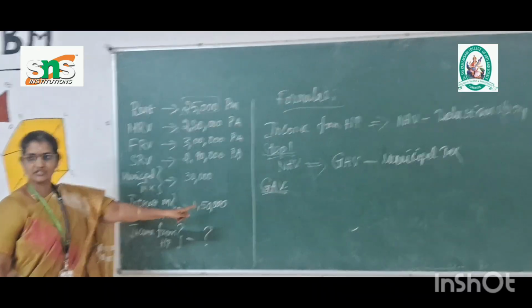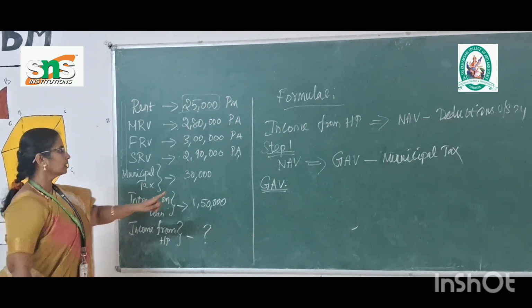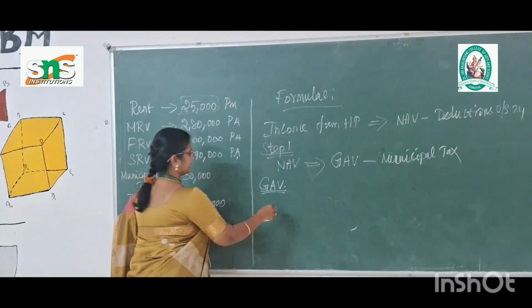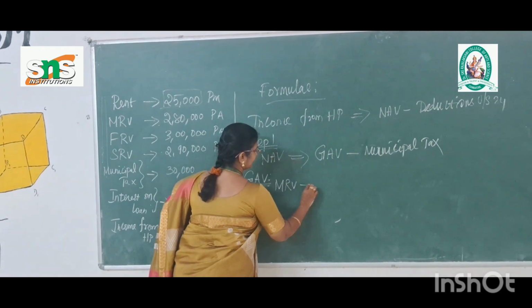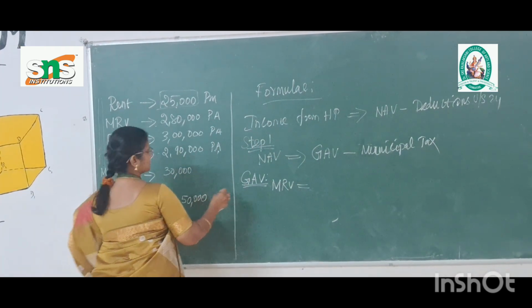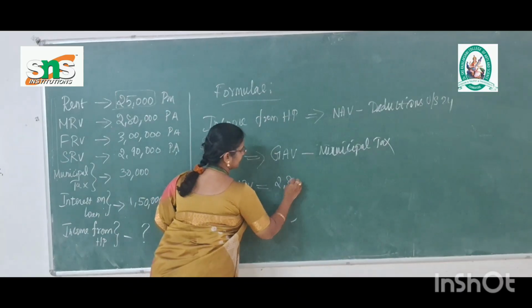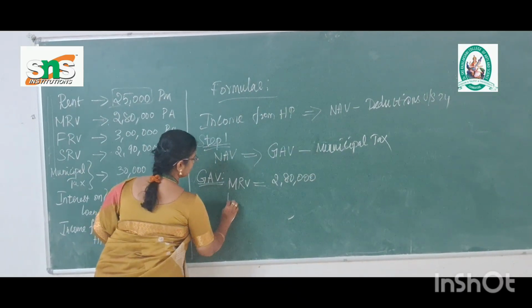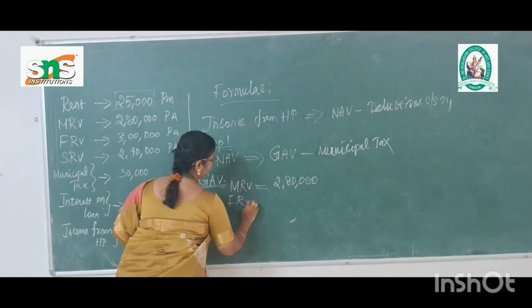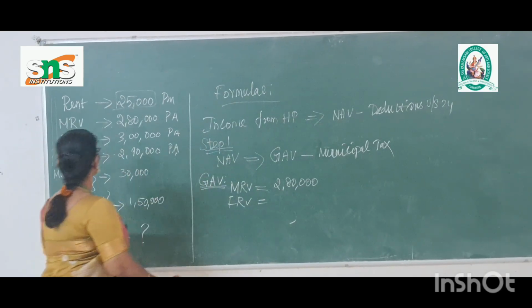Now it is the GAV, gross annual value. The first step, we have to take the MRV, that is municipal rental value. That value is 2,80,000 per year. Next we have to take FRV, that is fair rental value.